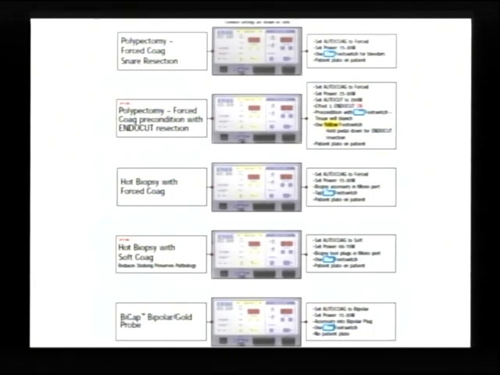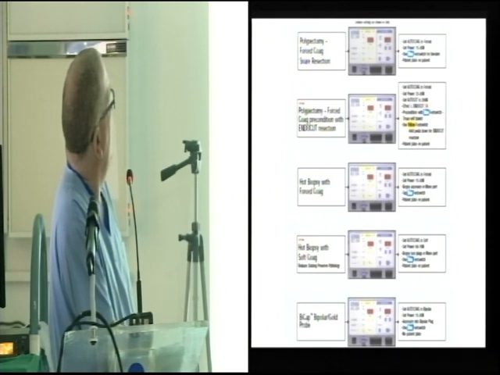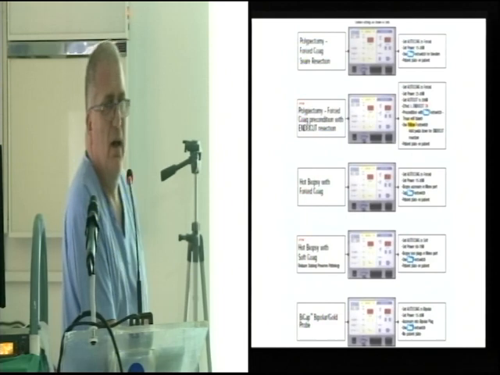So this is the reason for this talk. There is a standardized recommendation that you should have for your settings. If we look at polypectomy, coag, forced, snare resection: set the power at 15 to 30 watts. Now these machines, when you press the pedal, if you set it at 15 or 25, not this machine, but if you set it at this wattage, it will deliver this wattage.